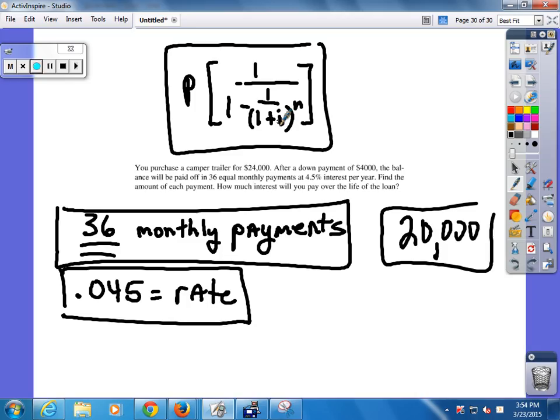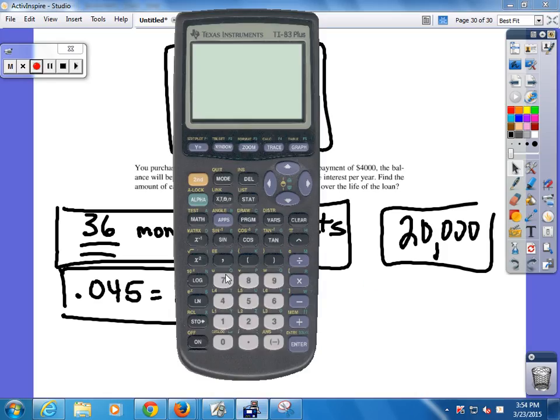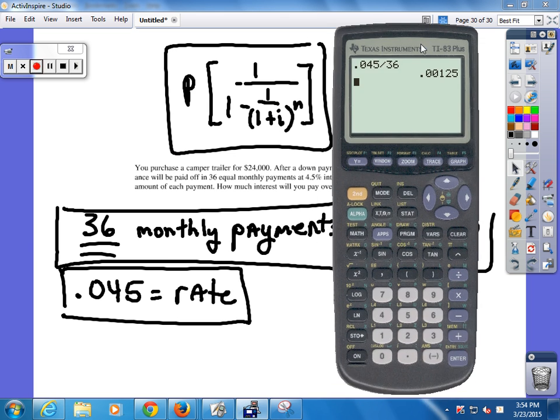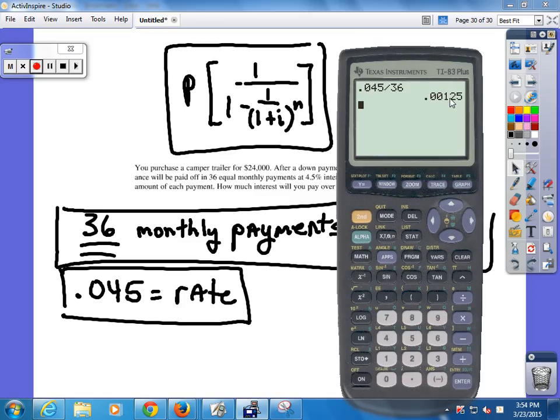0.045 divided by 36. I'll just do it in the calculator right quick. 0.045 divided by 36 is equal to that number right there. So that's I. Everybody got that?